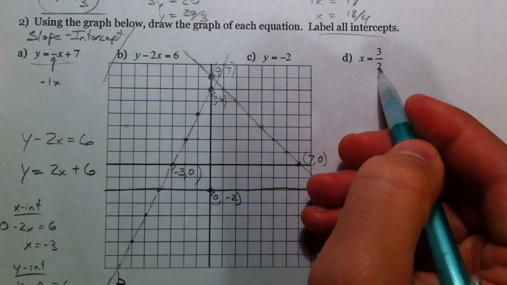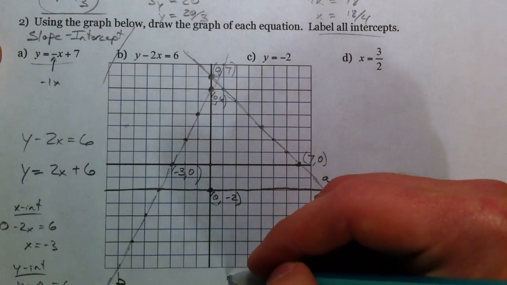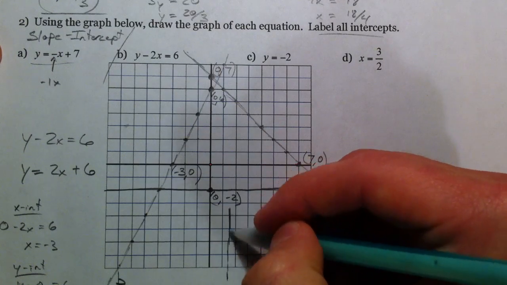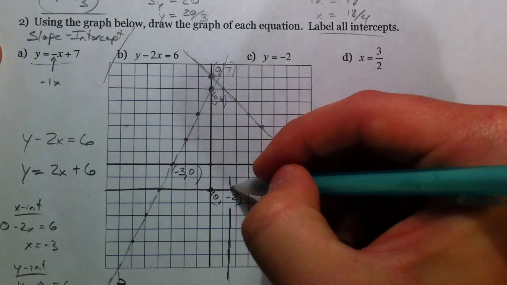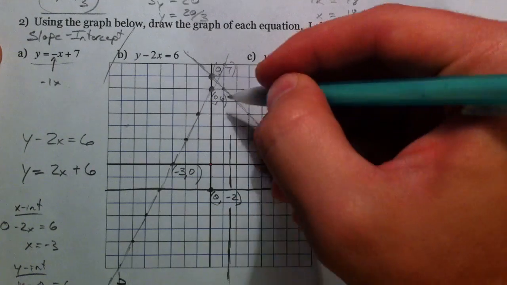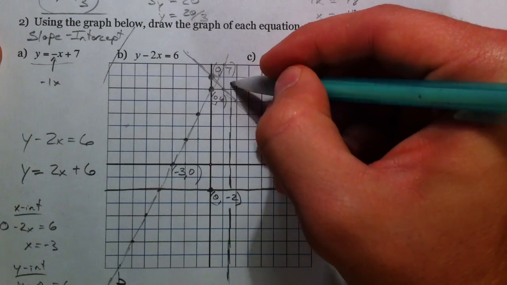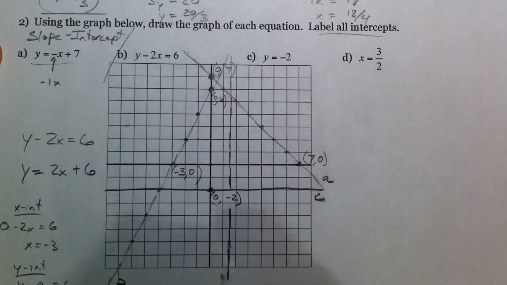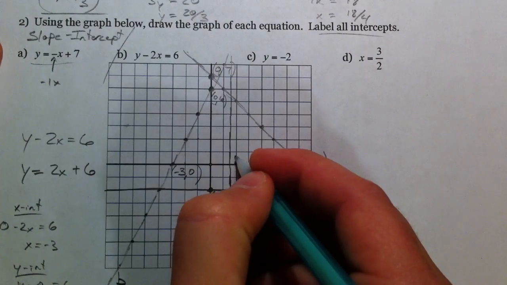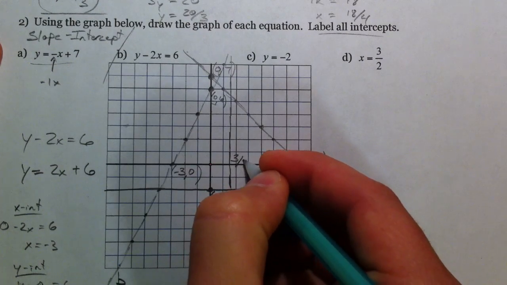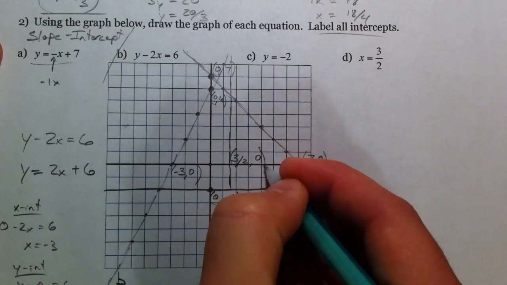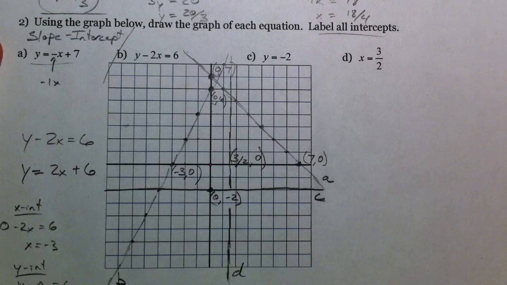And if that's horizontal, this is going to be vertical. I'm just going to jump ahead on this one. Remember, 3/2 is 1 1/2, so this is D. (3/2, 0) is the x-intercept on that.